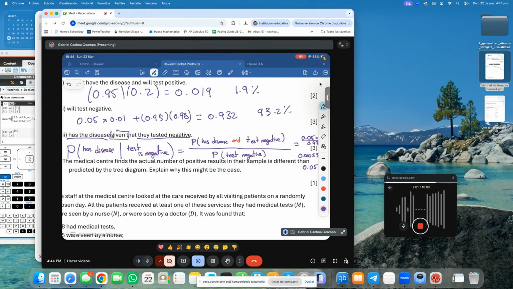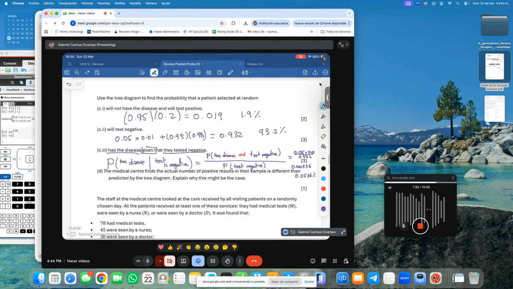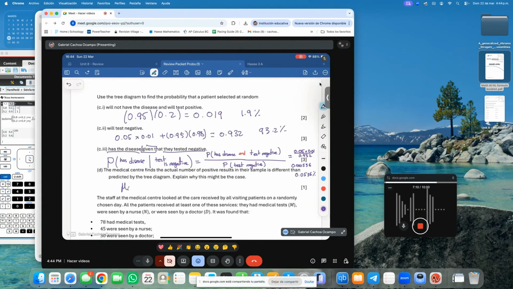A reason, and it has to do with the sampling, is that maybe the sample is not representative of the population. So when we talk about sampling methods, this will be way more clear. I wouldn't ask something about sampling techniques right now.